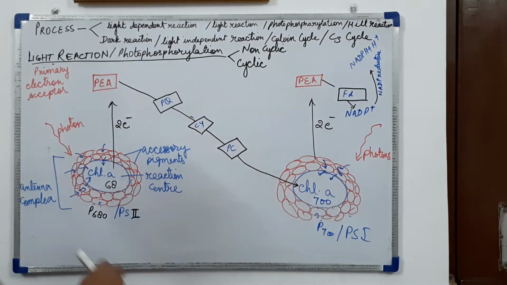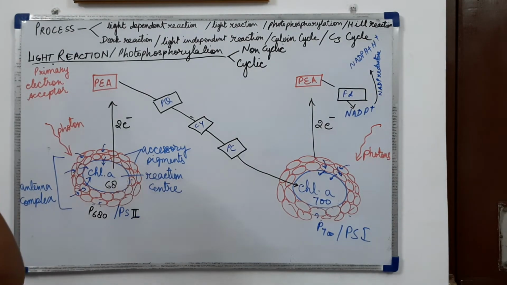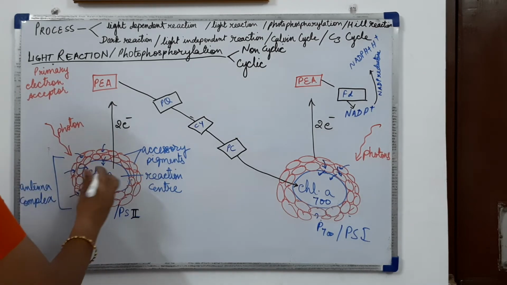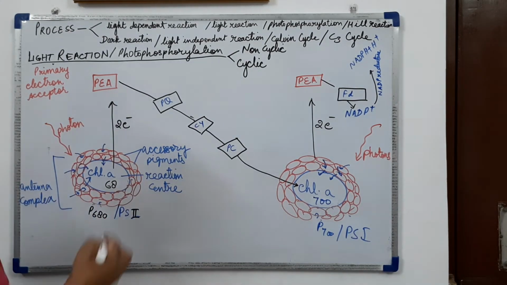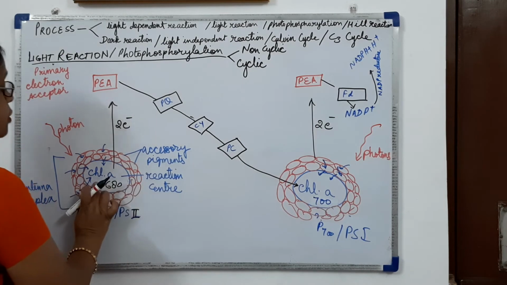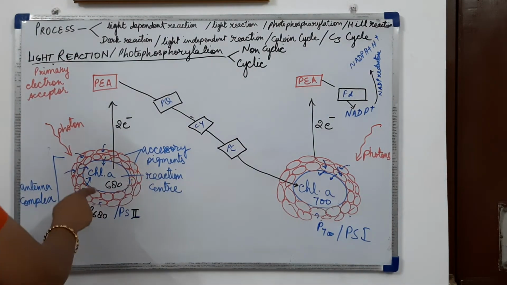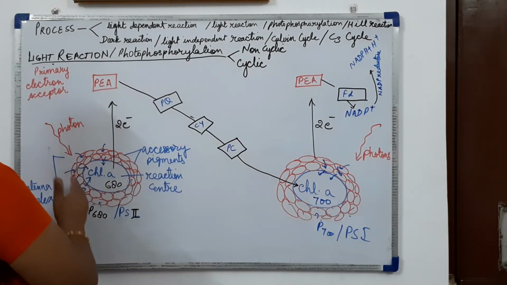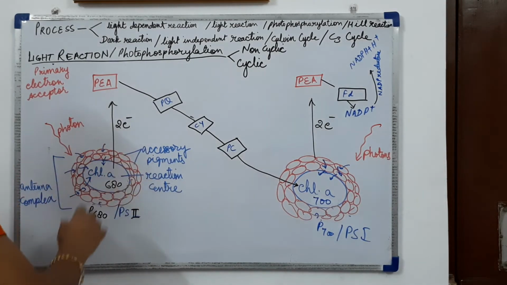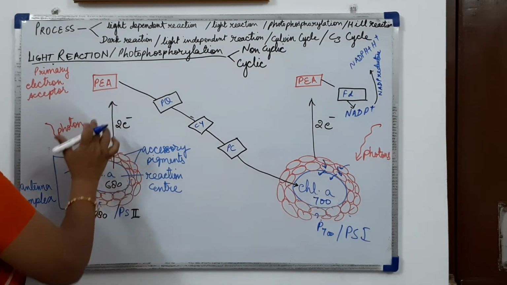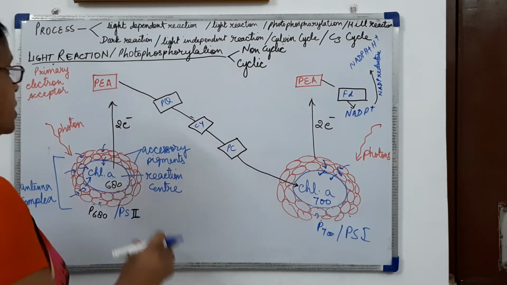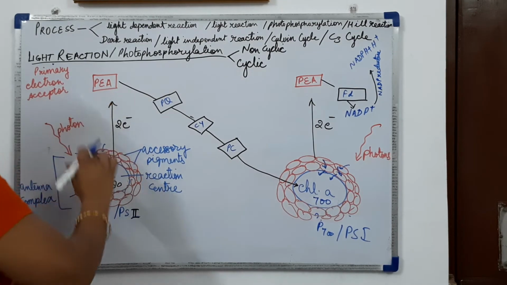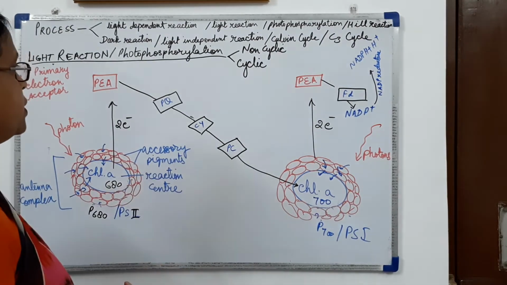The photons will fall here, and the chlorophyll A of wavelength 680 will get excited when it gets the energy from the accessory pigments, and it will release the electron pair.